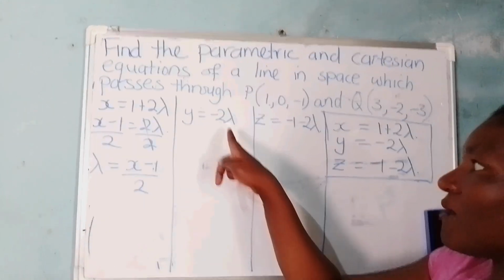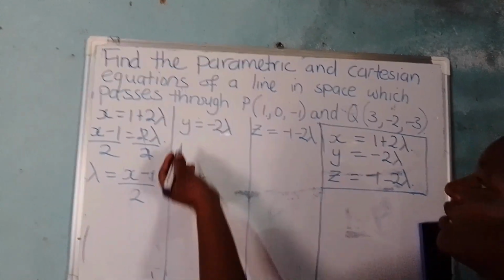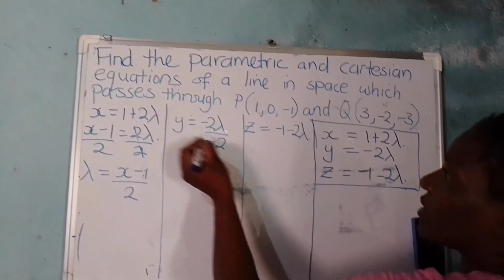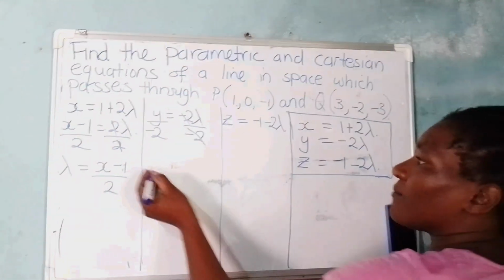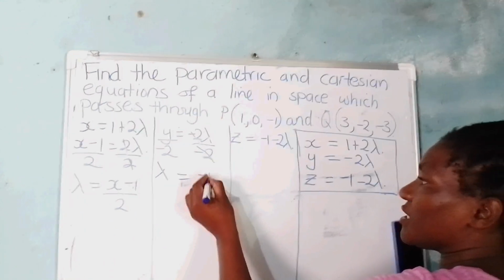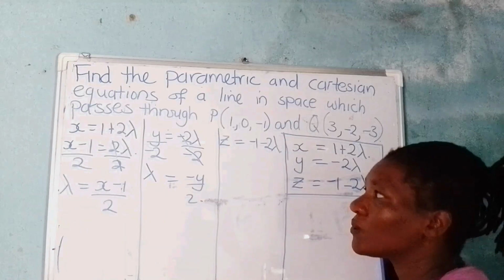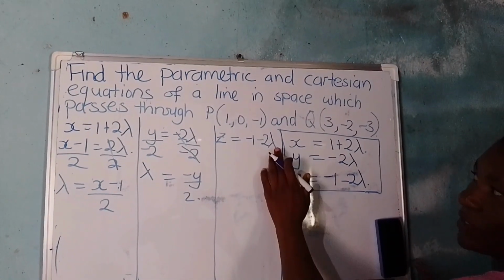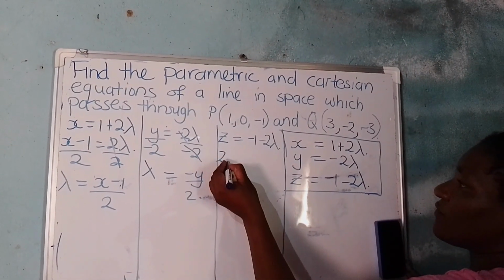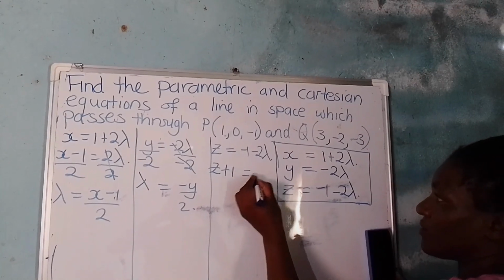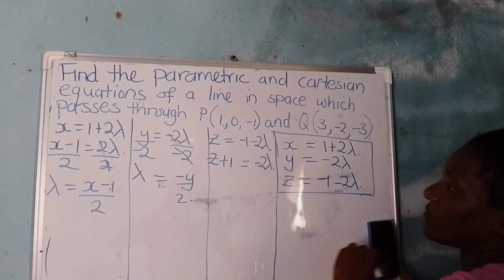Then making λ the subject of the formula there, we are going to divide by -2 on both sides. So our λ is equal to -y/2. Then for z there, we are going to make λ the subject of the formula. So we are going to have z + 1 = -2λ.